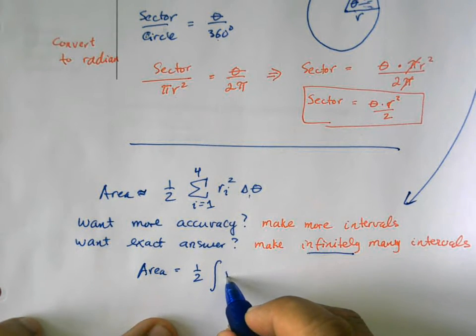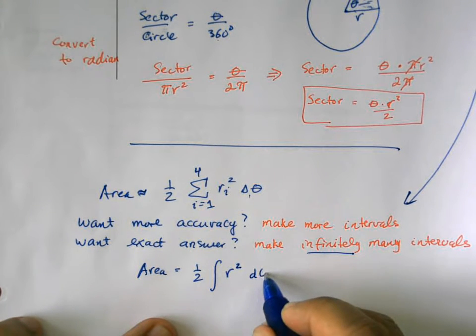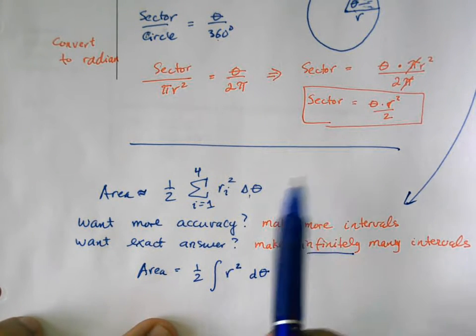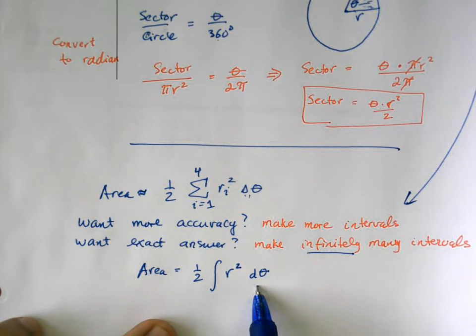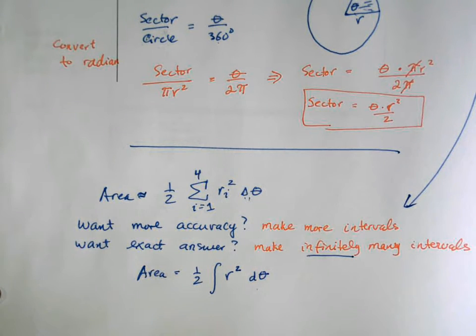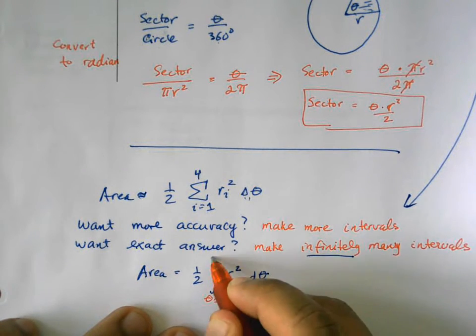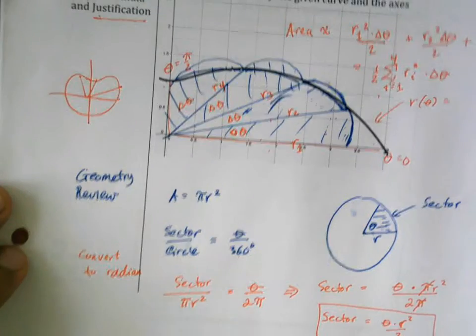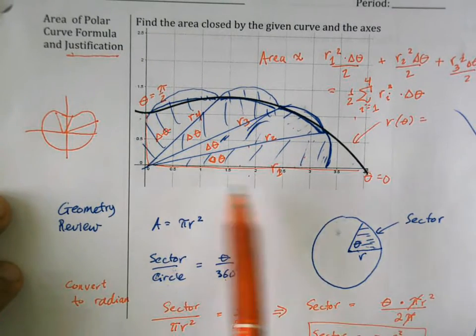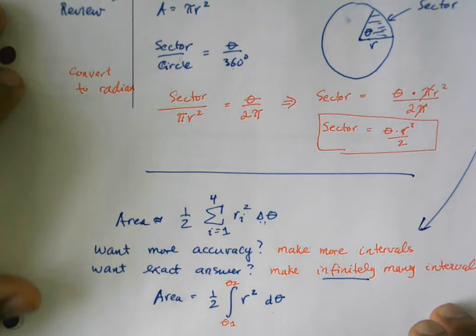And then we're going to add up an infinite number of radii squared times d theta. So as delta theta gets smaller and smaller and smaller, we represent it with d theta. And we're going to integrate between theta 1 and theta 2, where these are constants. So in the example of our problem here, we would integrate between 0 and pi over 2.